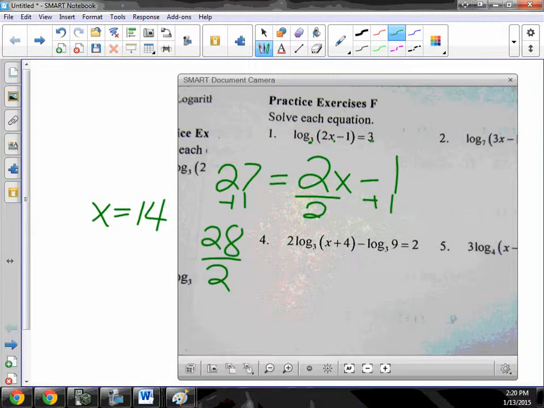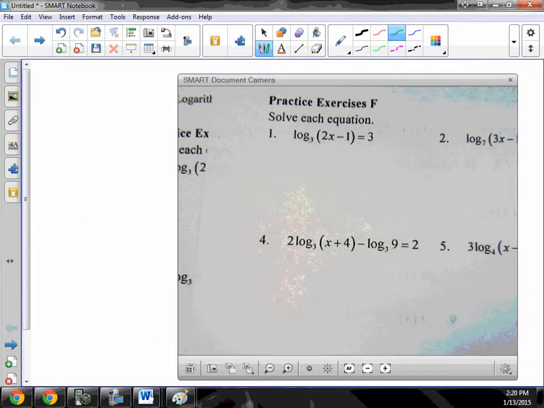I think from an old textbook. Yeah, it says 5. That's not right. Okay, sorry.